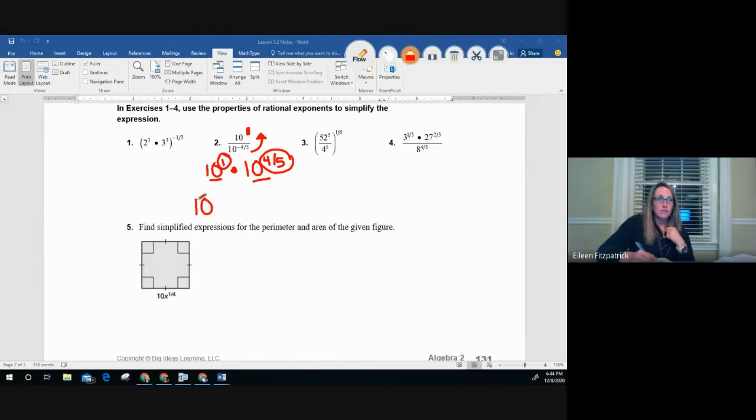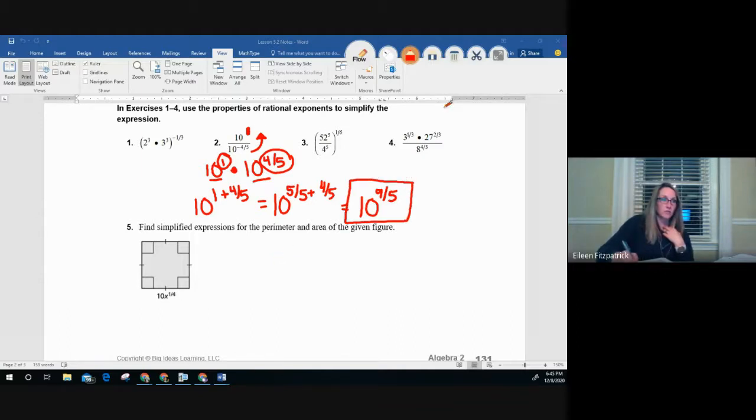So it's 10 to the 1 plus 4/5. Let's make it 5/5 plus 4/5, because 5/5 is equivalent to 1. And now you can see that it's 9/5. 10 to the 9/5.